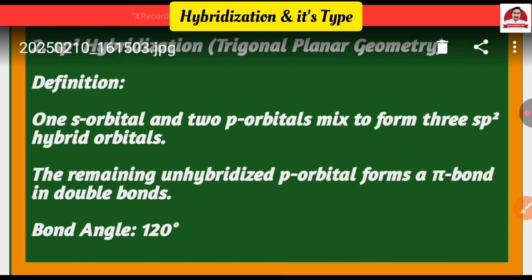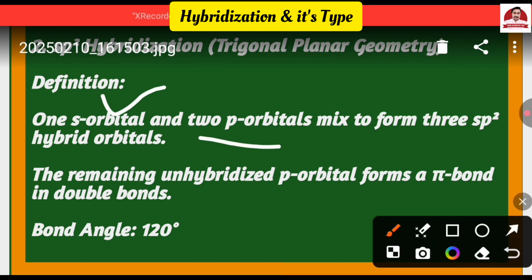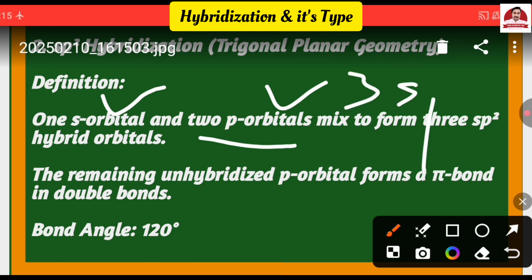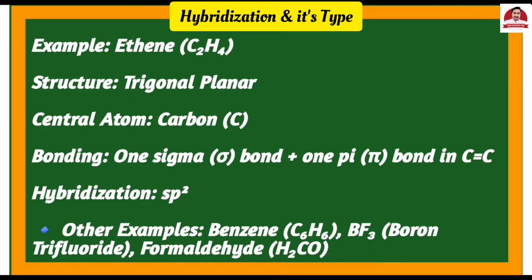A hybridization in which 1s and 2p orbitals mix to form 3 sp2 hybrid orbitals, and in the carbon the remaining unhybridized p orbital forms the pi bond in the double bond, and the angle is 120.